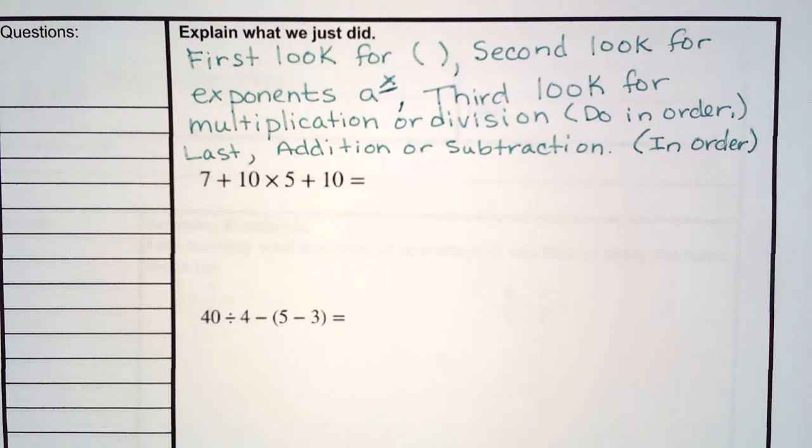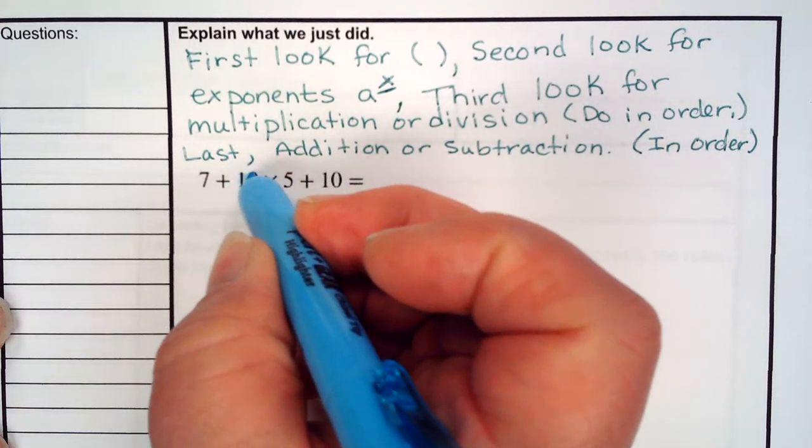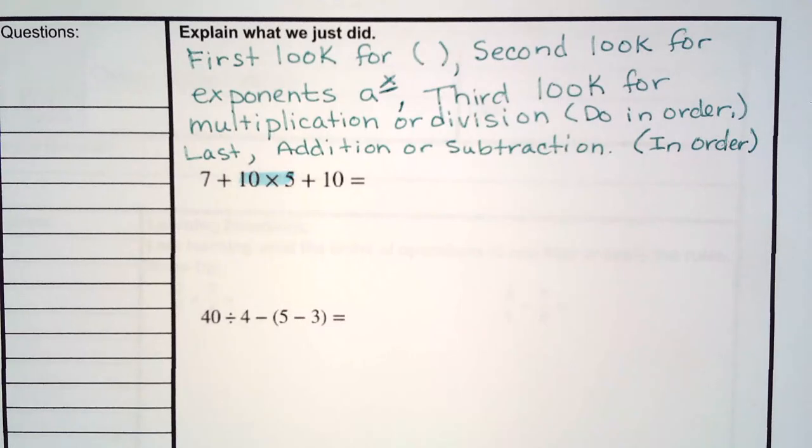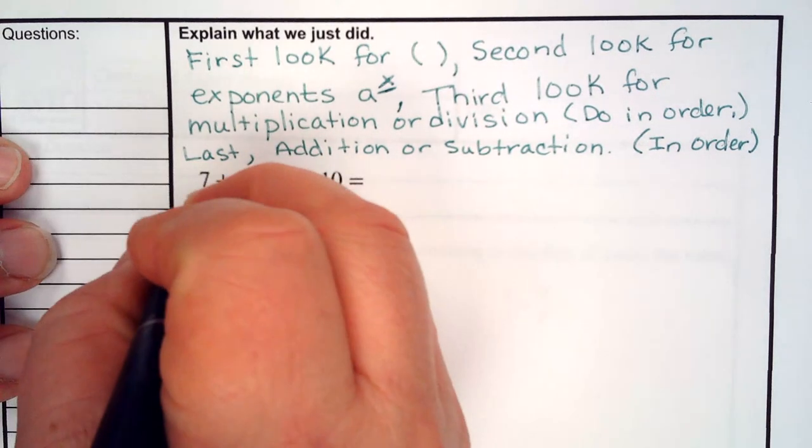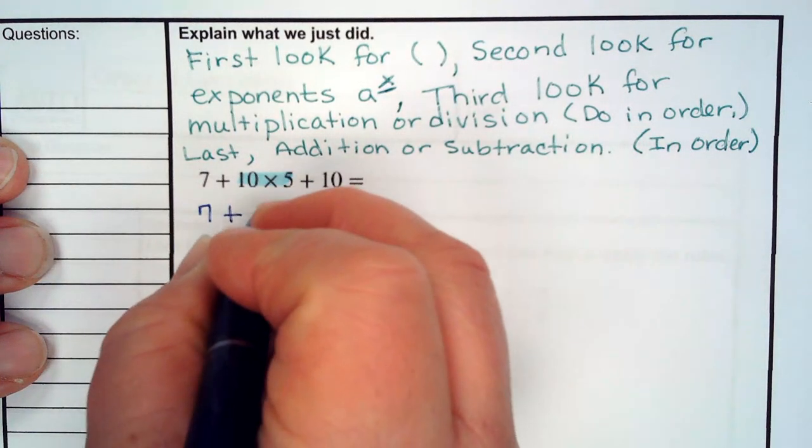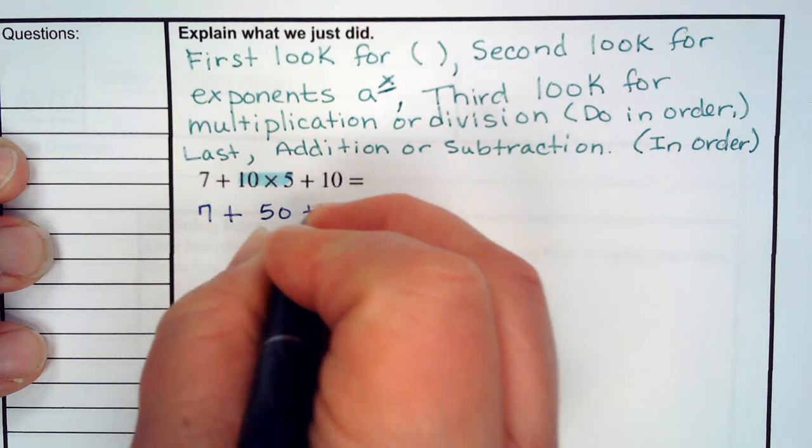I want you to think, what do we do first? Underline, circle, or highlight what we do first. Well, if you highlighted, underlined, circled 10 times 5, you're correct. There are no parentheses, no exponents, but there is multiplication. 7 plus 10 times 5 is 7 plus 50 plus 10.